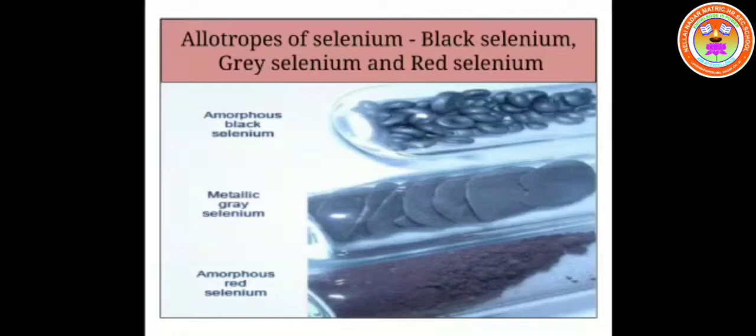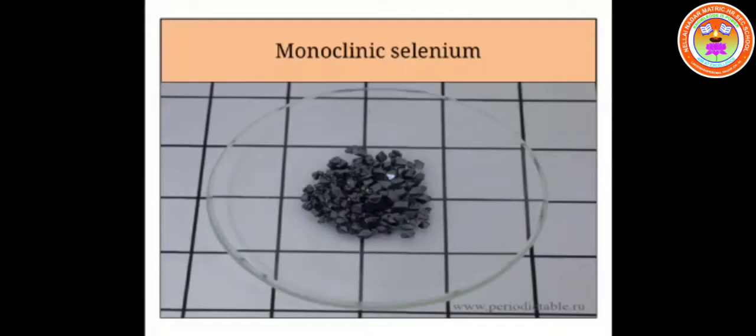So like that we have got different allotropes of the element selenium. Amorphous black selenium, amorphous powdery form, metallic gray, amorphous red selenium. I have seen red selenium. Next one is monoclinic selenium. You have to remember, children, monoclinic selenium. So all these are the allotropes of selenium.